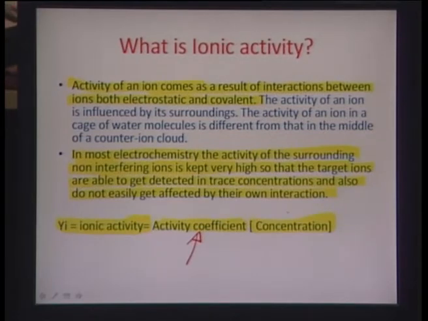And if you have a surrounding non interfering heavy ion cloud around the target ion, the activity gets equal to the concentration of the ion, and you can easily detect the exact quantity of the target ion of interest, okay.